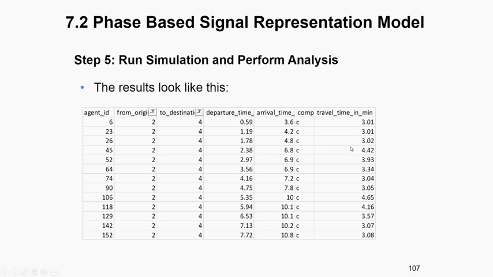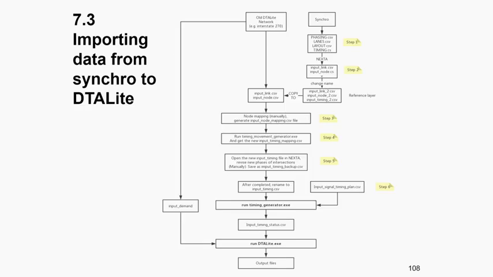You can literally check the travel time trajectory of each path of each agent to see how the traffic signal is being taken into account in our simulator. So let me go through this very detailed, extremely detailed input data flow stream, or this data flow chart from NEXTA or from Synchro into the NEXTA and into the DTA Lite.